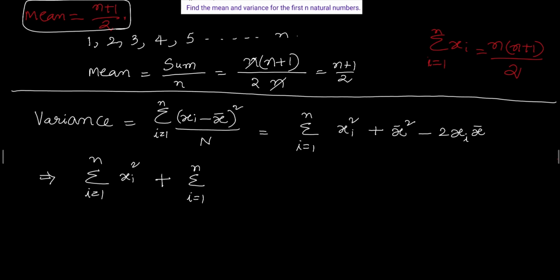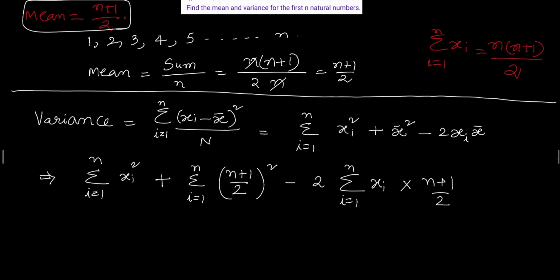X bar square is nothing but mean square, that is n plus 1 by 2 whole square, then minus 2 into sigma i equals 1 to n xi and that multiplied with x bar, that is n plus 1 divided by 2.